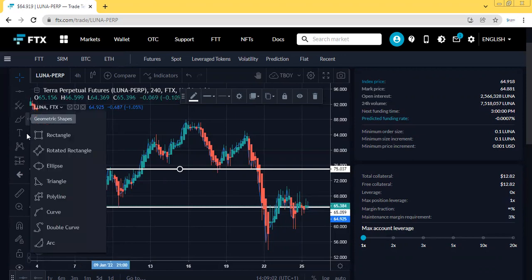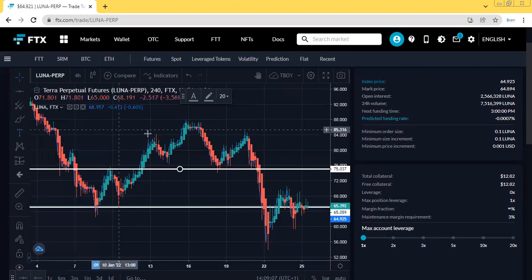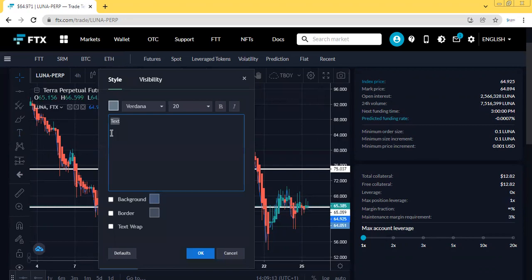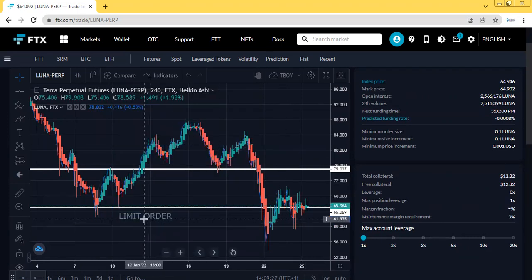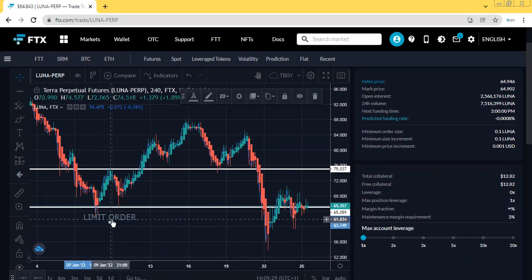This is the market price, the market is going, and this is the order you place below it.